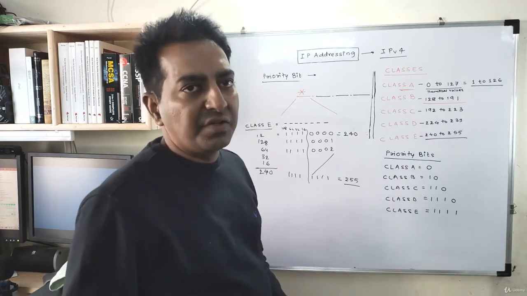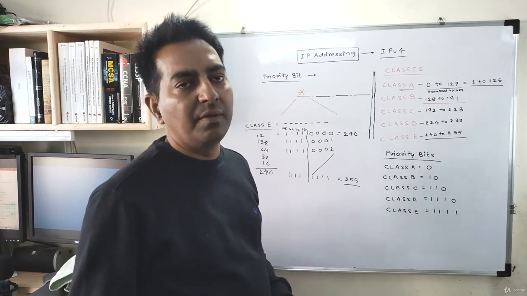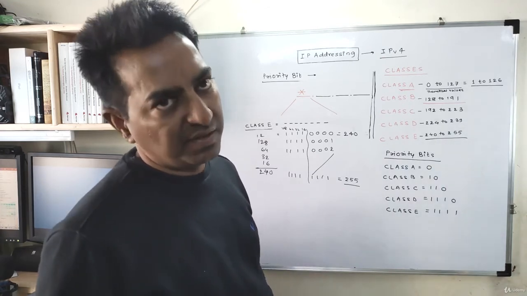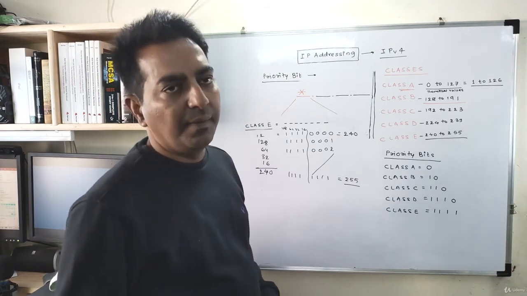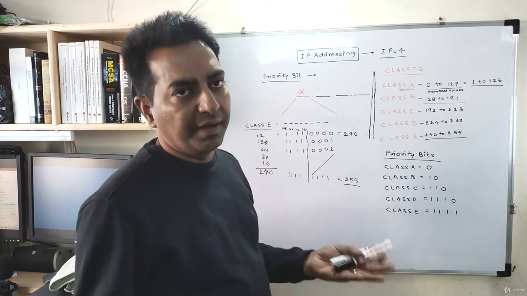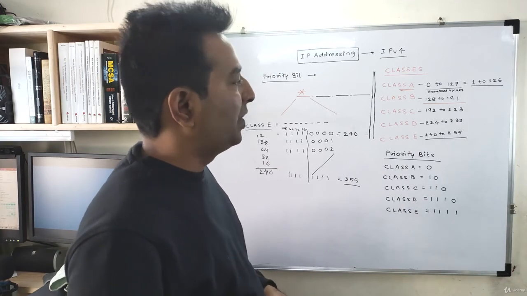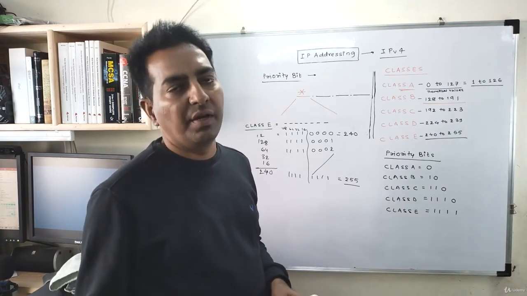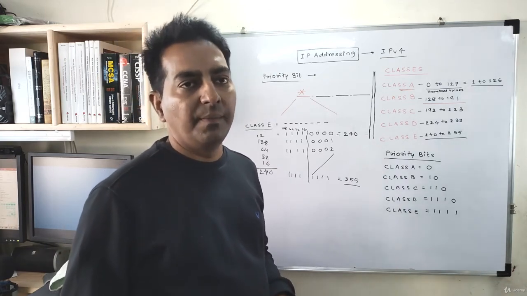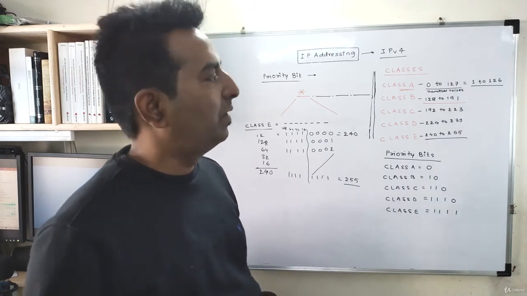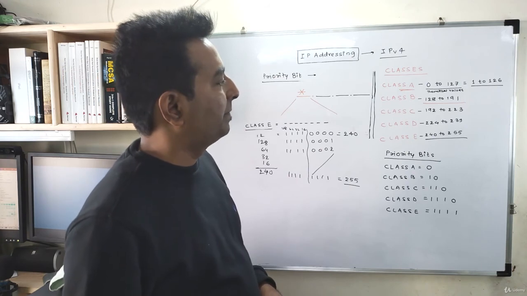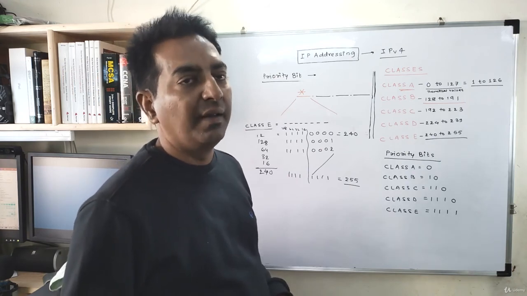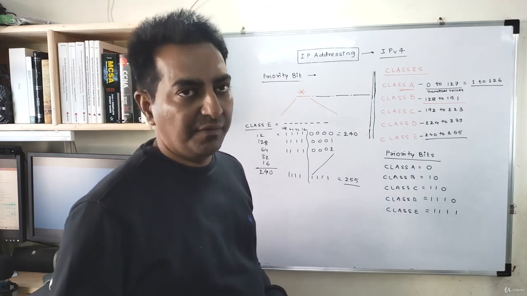In the upcoming session, let us talk more about the subnet mask. I hope you have better clarity. If you have any questions or doubts, you can write to me using the comment section. I hope this helps you understand the concepts in a better way.